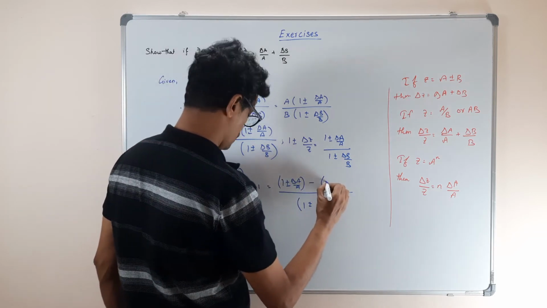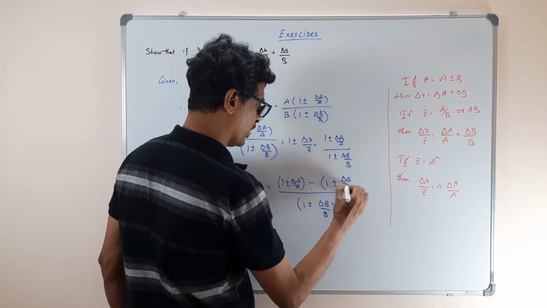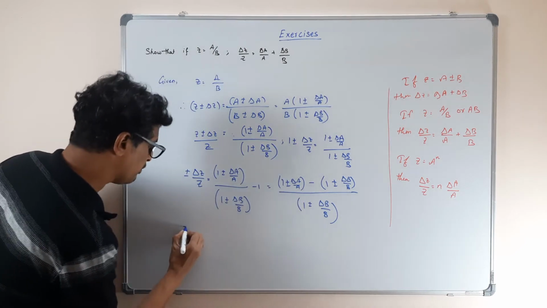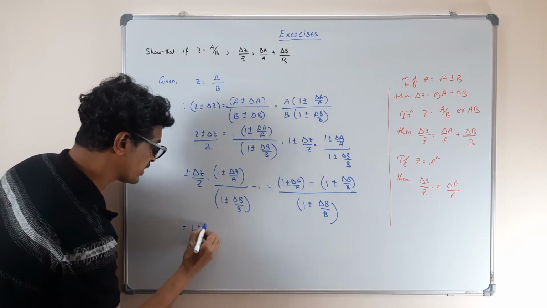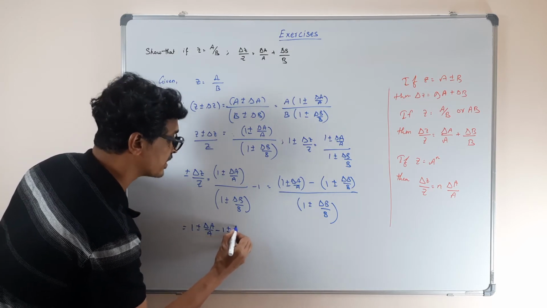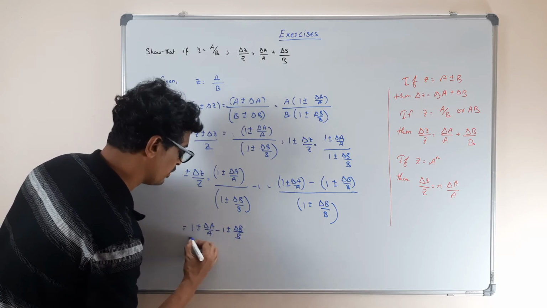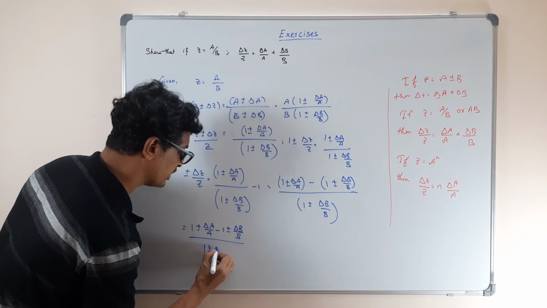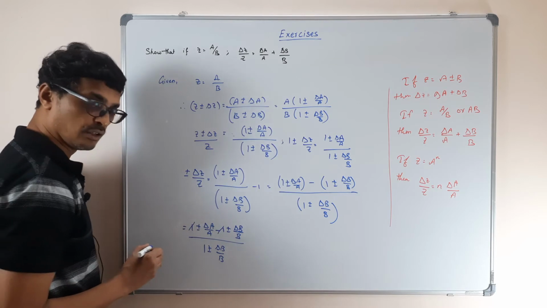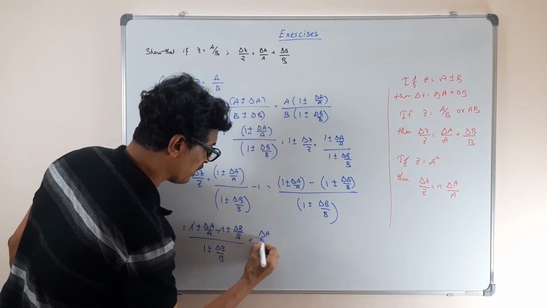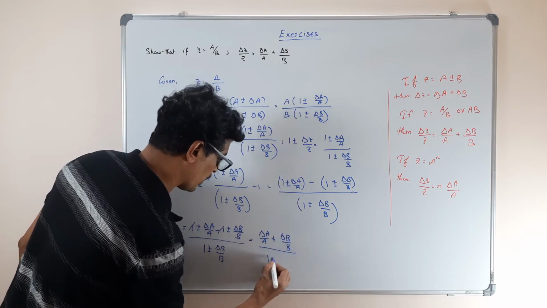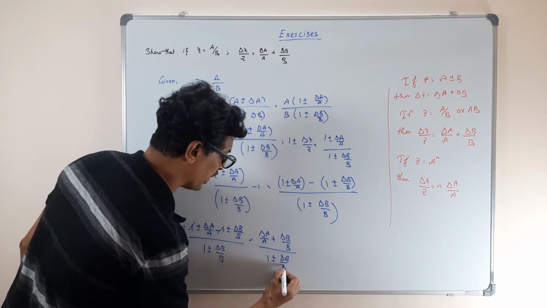This term, that is equal to 1 plus minus delta B by B. So now, when I open the bracket, what will we have? So 1 plus minus delta A by A minus 1 plus minus delta B by B. So this one and this one cancels. So what we are having? Delta A by A plus delta B by B divided by 1 plus minus delta B by B.